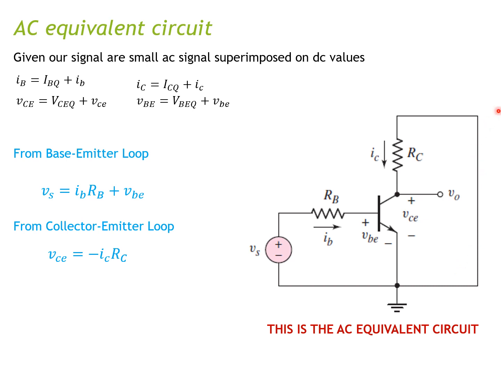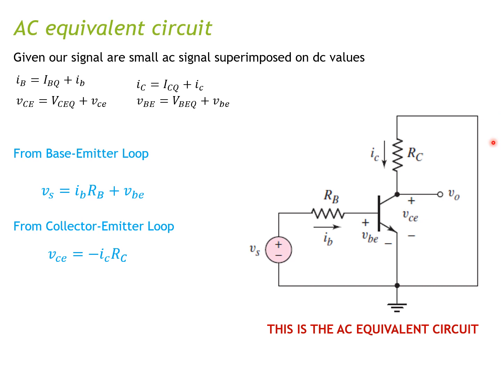All of the currents and voltages shown are our time-varying signals in this equivalent circuit here. We should stress that this is an equivalent circuit. It implicitly assumes that the transistor is still biased in the forward active region with appropriate DC voltages and currents.